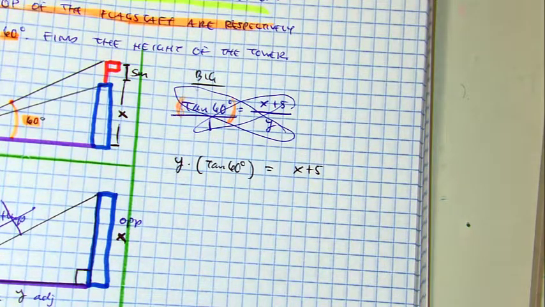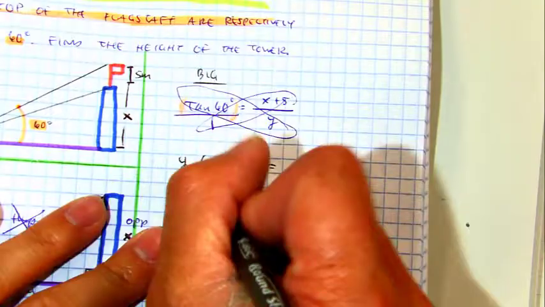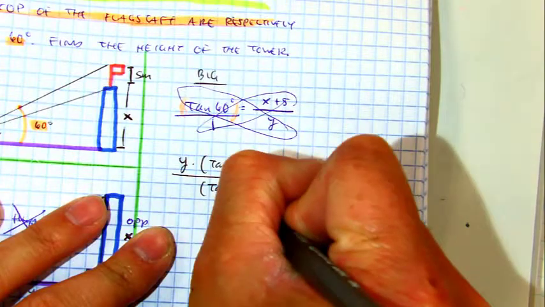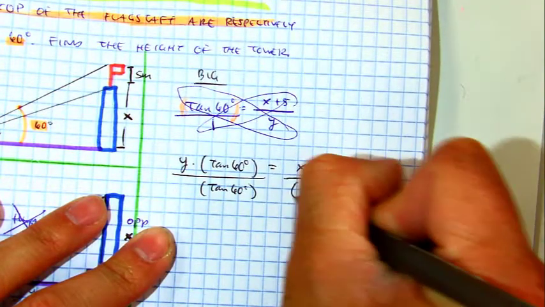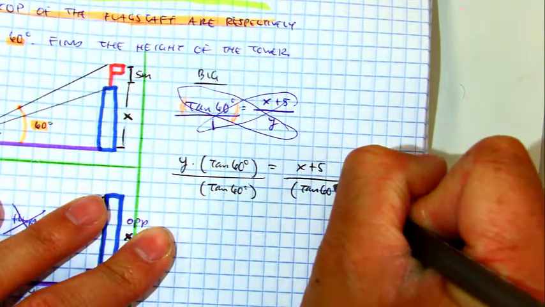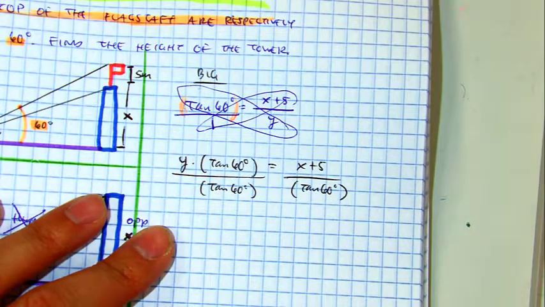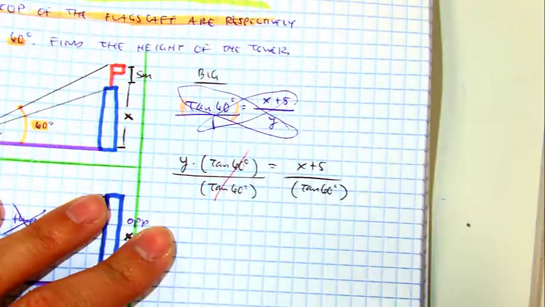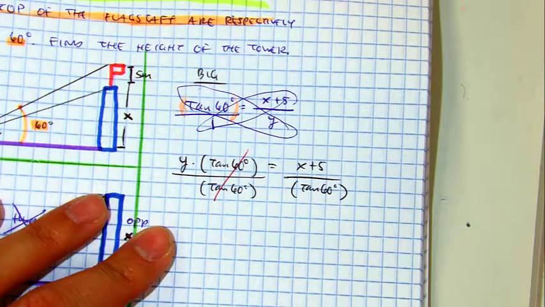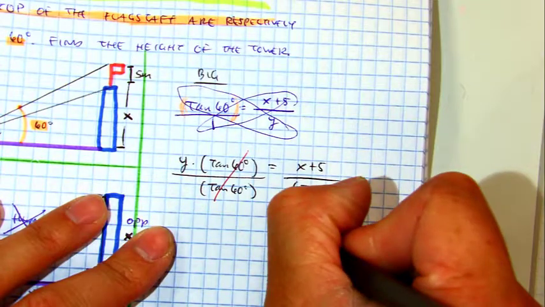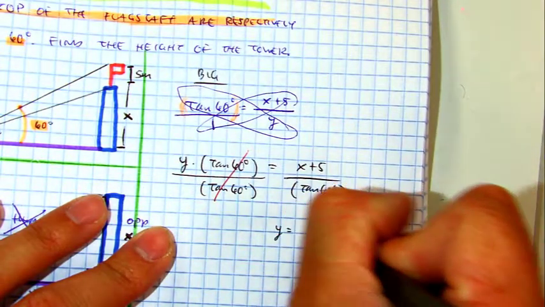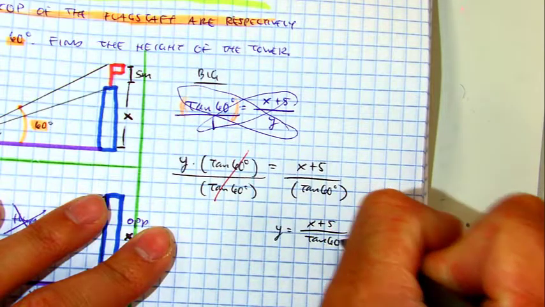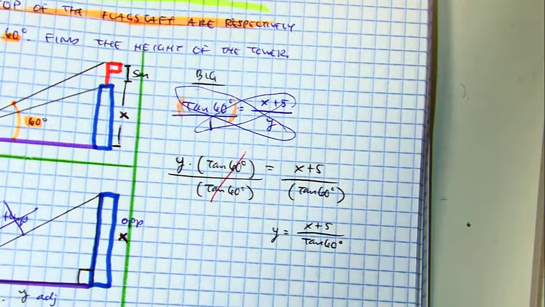And what do we do to get y by itself? And then I have my calculator ready equation, or y solved by itself. Y equals x plus 5 over tangent of 60. Let's pick a color we haven't used yet.